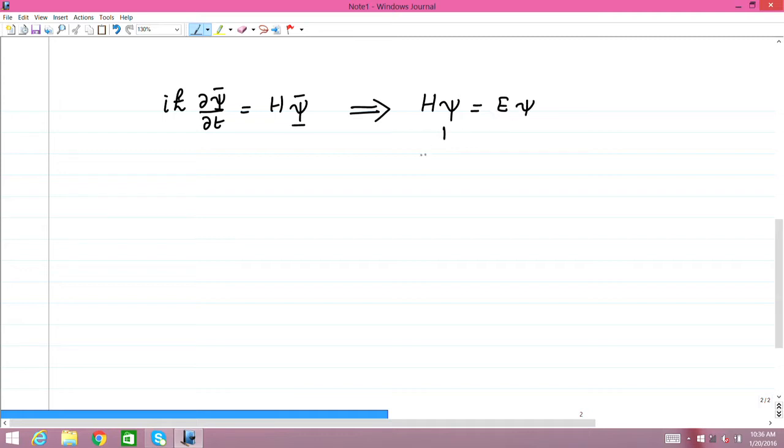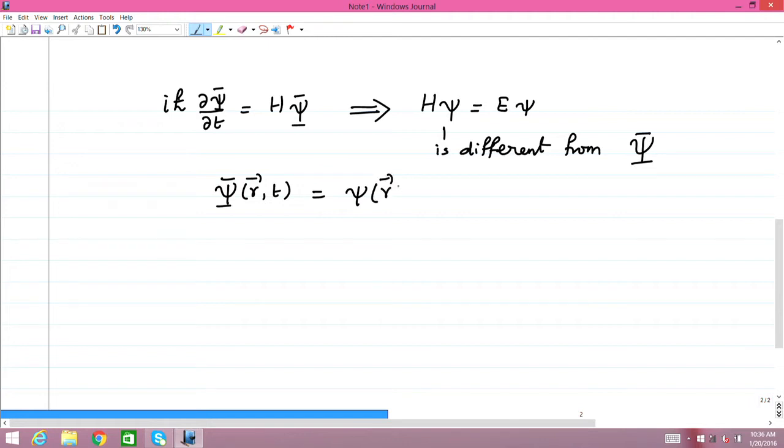This psi is different from the capital psi which is used here, and the relation is that Ψ(R, t) is factored into a function which depends only on the position coordinates of the system and a function which is only time dependent.